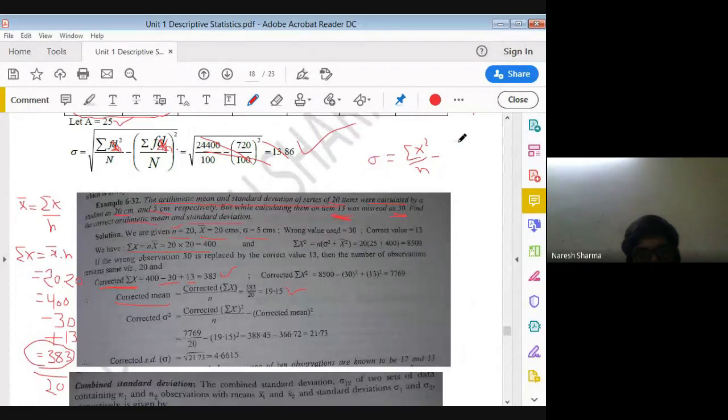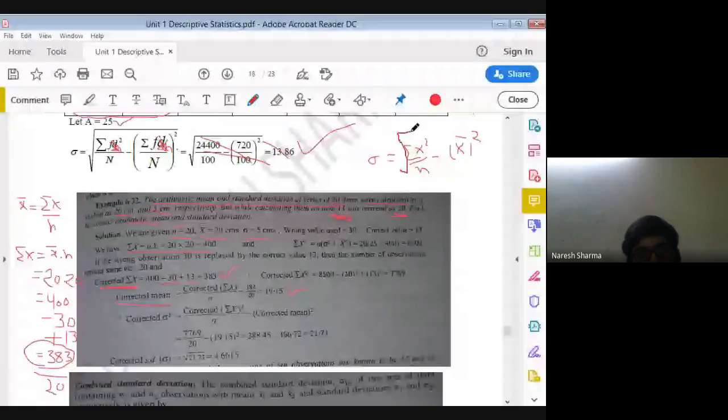You may write summation x by n, it's your choice. In the formula we have summation x by n, that means your mean only, right? So I'm just writing this as your mean, under root. Now I'm squaring both sides, so we get this as a square. Now we shift this mean to the left hand side.